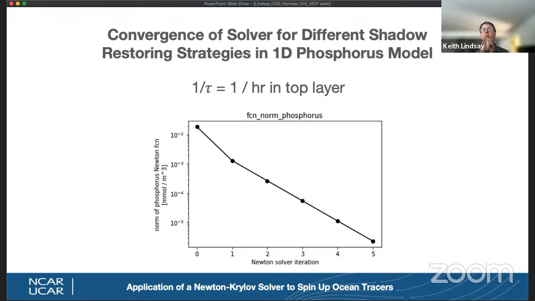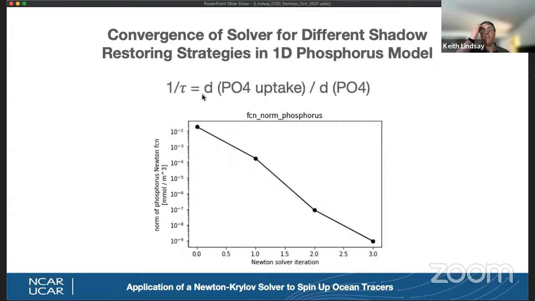But with the 1D framework, where you can try out new ideas, you can try out another idea: instead of just having a fixed restoring timescale of your shadow tracer, what if you try something that's more physically motivated, where it mimics the dynamics of uptake and primary productivity?